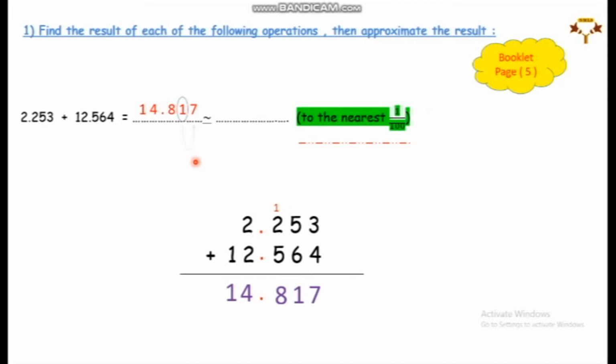Right now I will ask about the 7. Is this 7 from the weak or from the strong? It's from the strong. So the strong group adds 1 to the circled number. So here I have to add 1 to the circled number to make it 2. And the result will be 14.82. Thank you. Let's go to the second part.